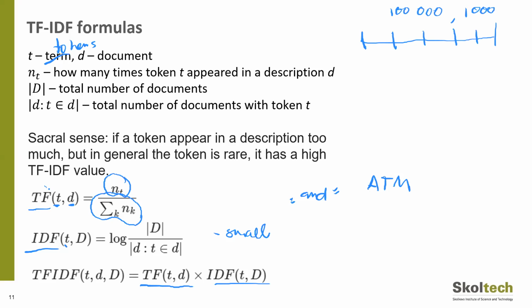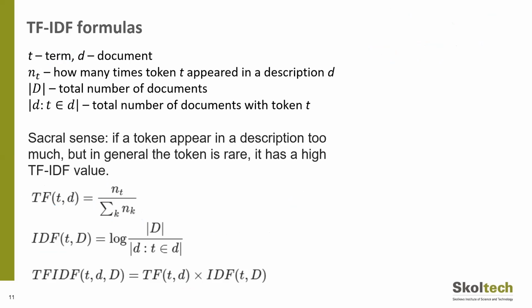And we have a lot of zeros, as we had previously, because if a particular word does not appear in a particular document, we have zero there. This is another good baseline if you use the TF-IDF formulas.